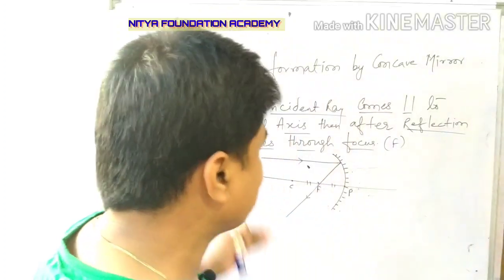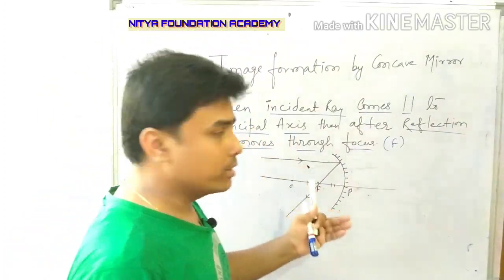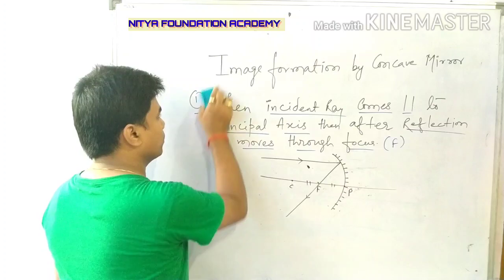Now comes the second rule. What is the second rule required for image formation of concave mirror?